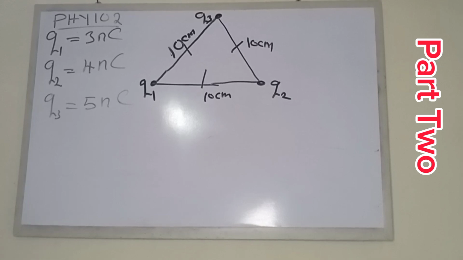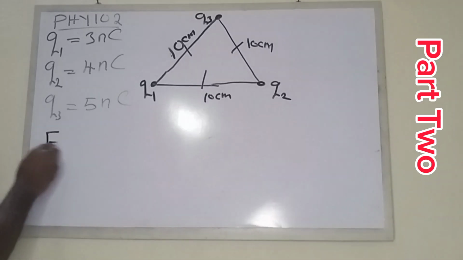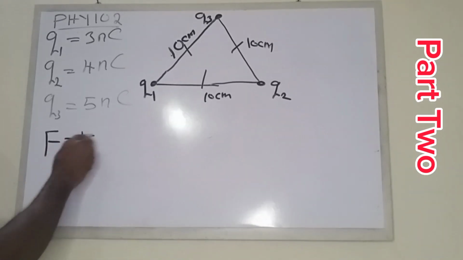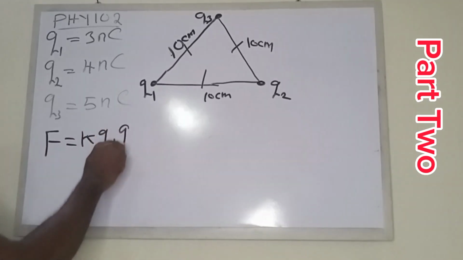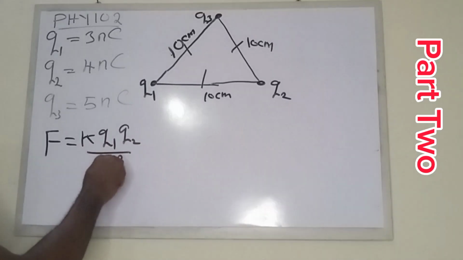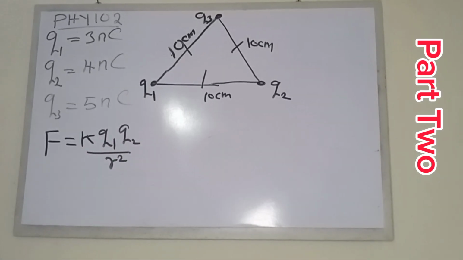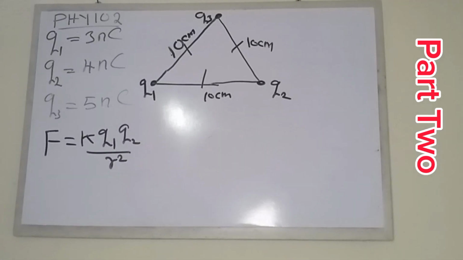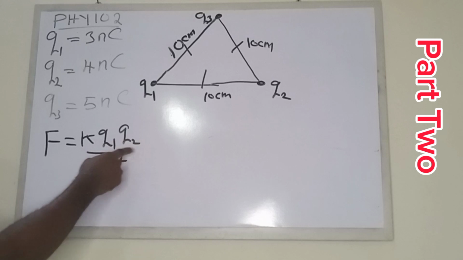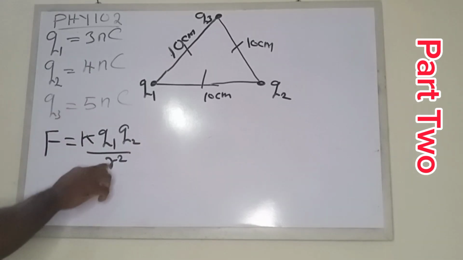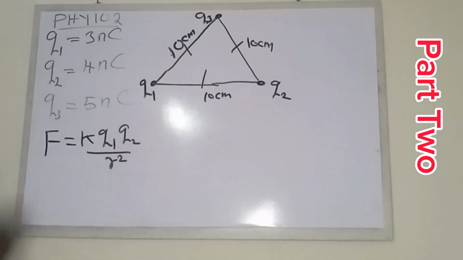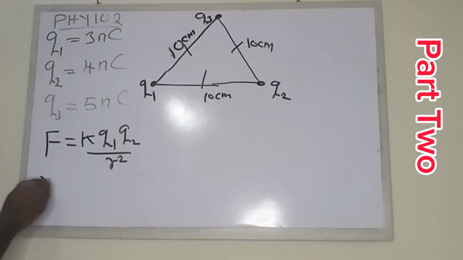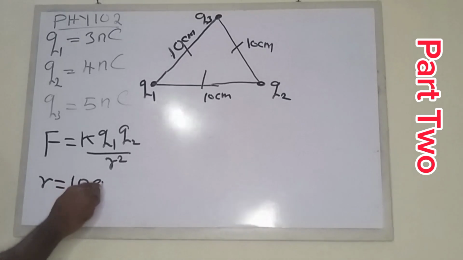Remember that we are looking for force, and the formula for force is F equals K Q1 Q2 over R squared. So we must bring out all our data first before we start solving. Our distance R is equal to 10 centimeter.